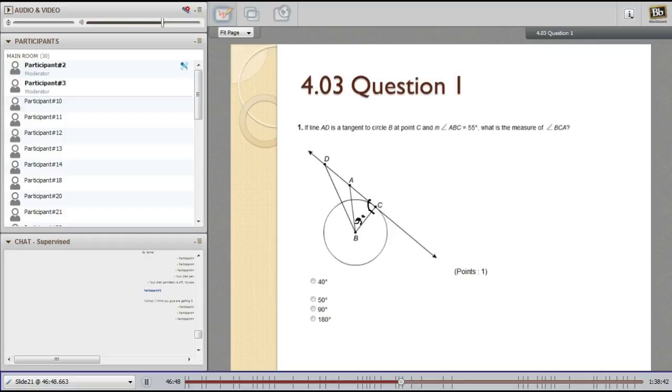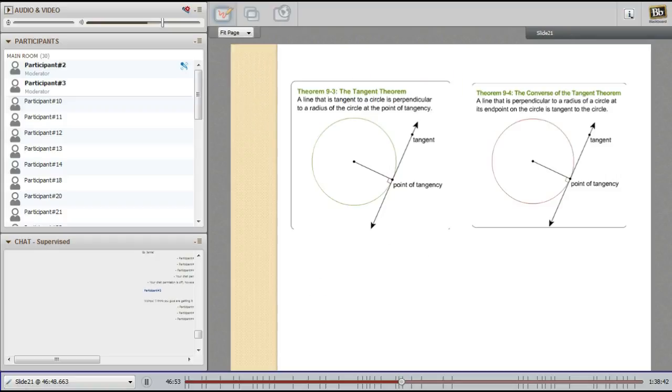And let's look back at the tangent theorem. The point of tangency, where the radius and the tangent intersect, they're perpendicular to each other. So 90-degree angles are formed. So what would be angle BCA, which is this angle right here? This is where the tangent and the radius intersect.